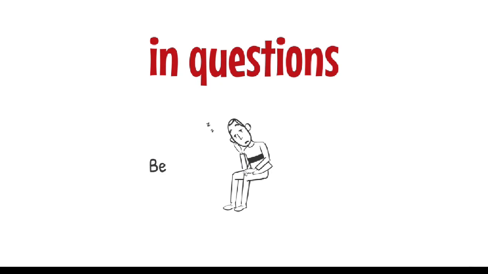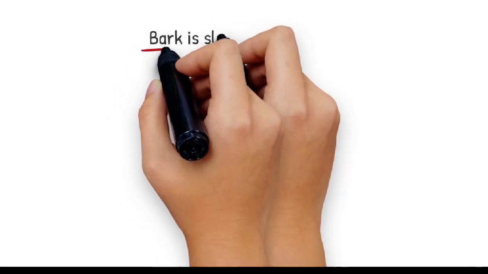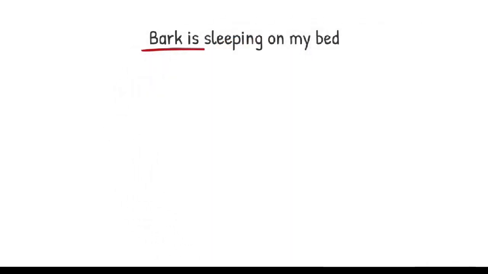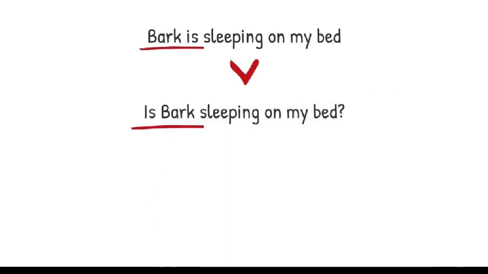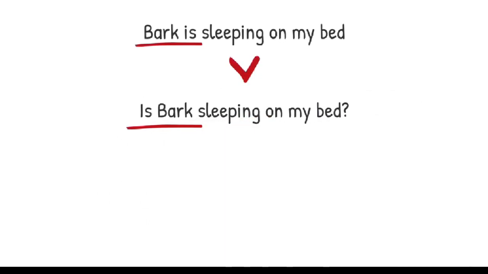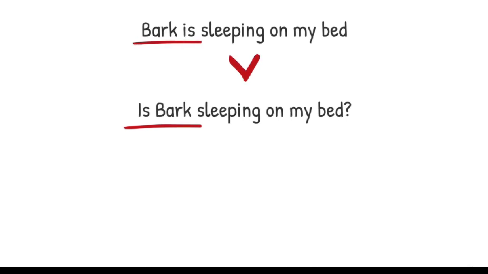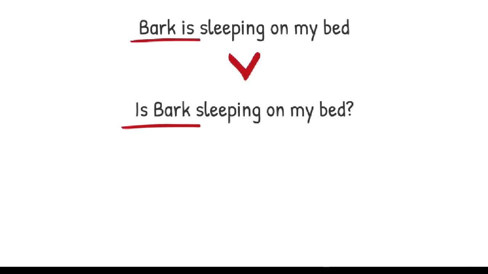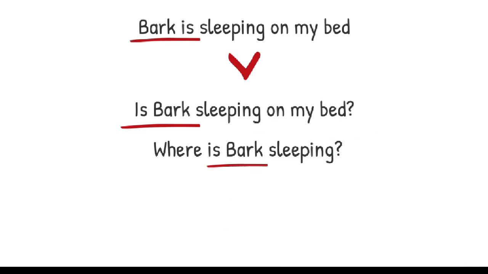In questions, we put be before the subject. Bart is sleeping on my bed becomes is Bart sleeping on my bed? The same rule applies to more complex questions, such as where is Bart sleeping?